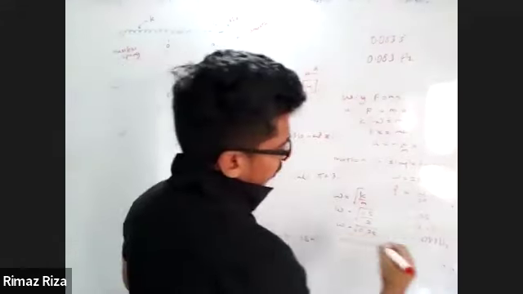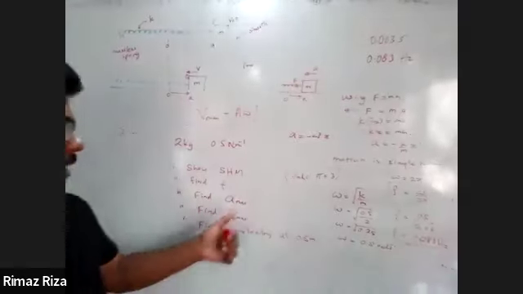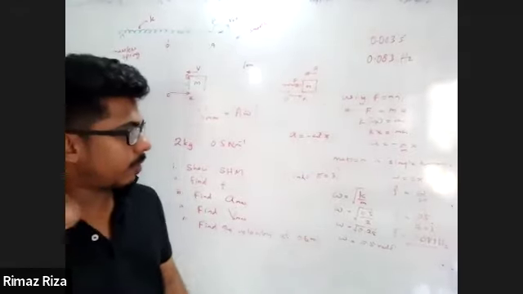So the answer is 0.083. Okay, and then find A max, V max, and the velocity at 0.5.